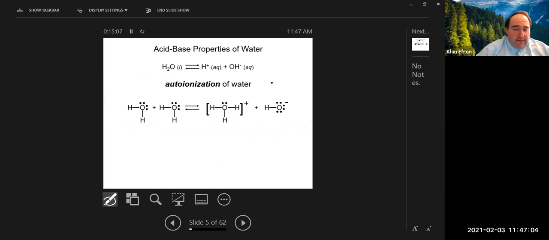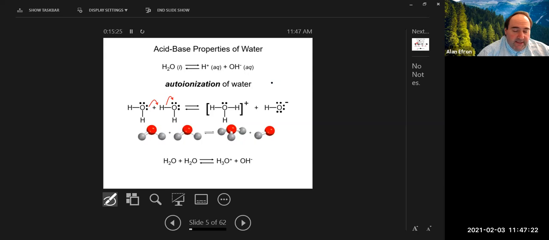Water as well can actually go through autoionization, where basically it is reacting with itself. One water is going to act as the acid, one water is going to act as the base, and we're going to get that H plus transferred from one to the next.